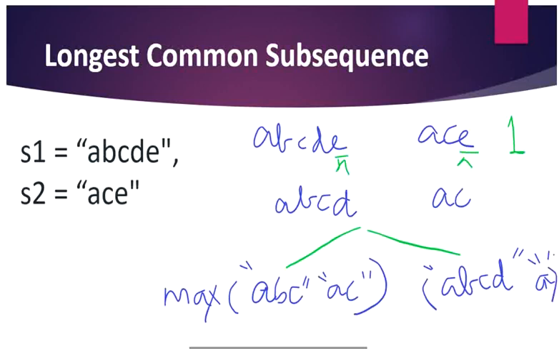Whichever is maximum, we take that output and add it to this 1. We keep cutting down the problems, trimming characters at the ends till we end up with empty strings, and whichever gives the maximum value, we add to the sum that already exists and finally arrive at our optimal solution.